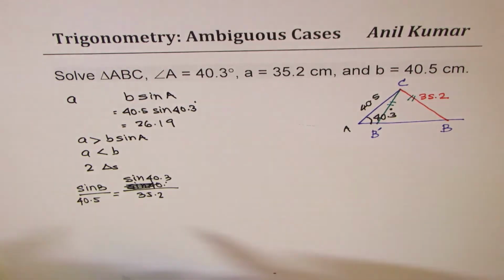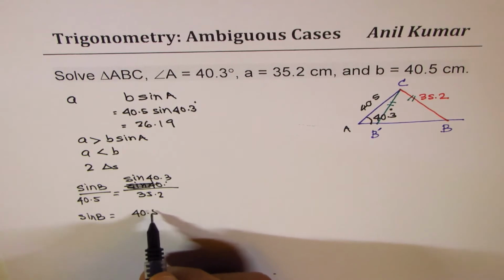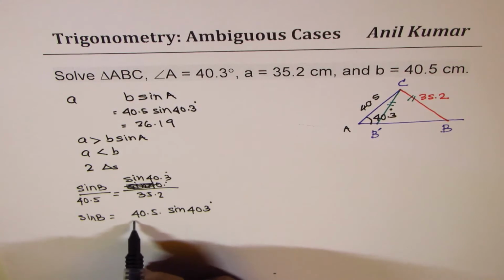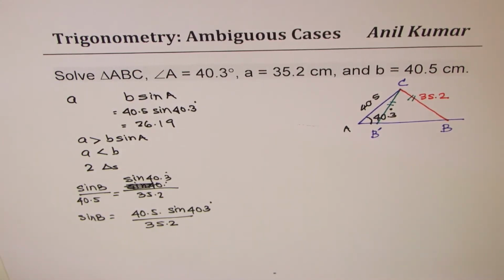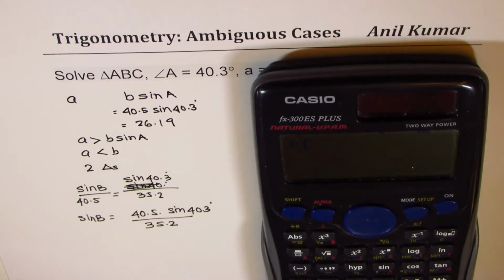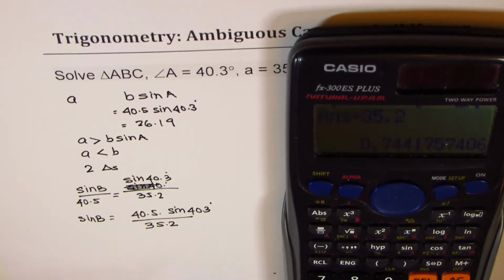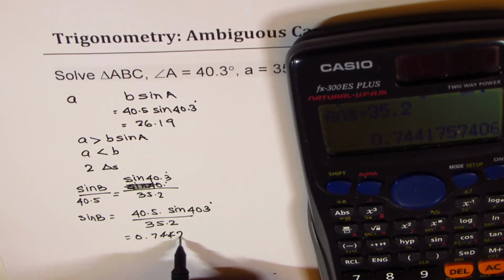Okay, to find B, we'll do sine B equals 40.5 times sine of 40.3 degrees divided by 35.2. So 40.5 times sine of 40.3, and we'll divide this answer by 35.2, which is 0.7442.